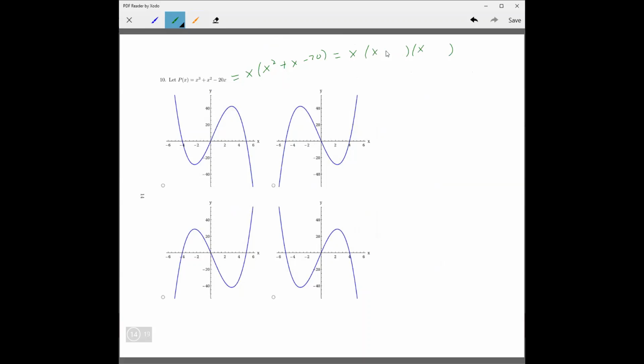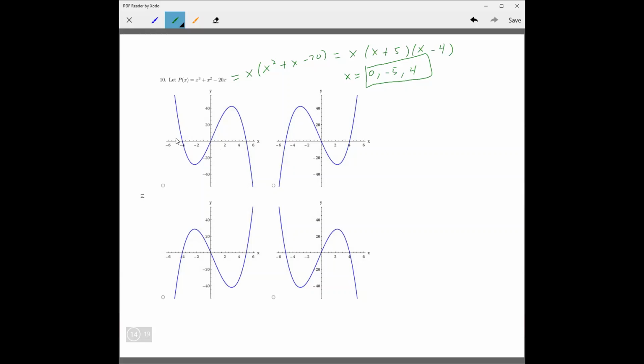This is a quadratic. So let's see, plus 5 and minus 4 works. So the zeros are 0, negative 5, and 4. These are all multiplicity 1, so the graph's just going to cut through at each one.